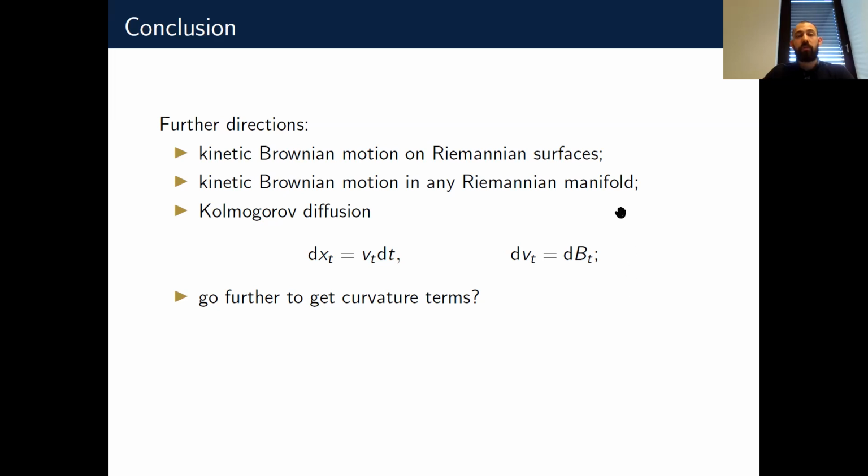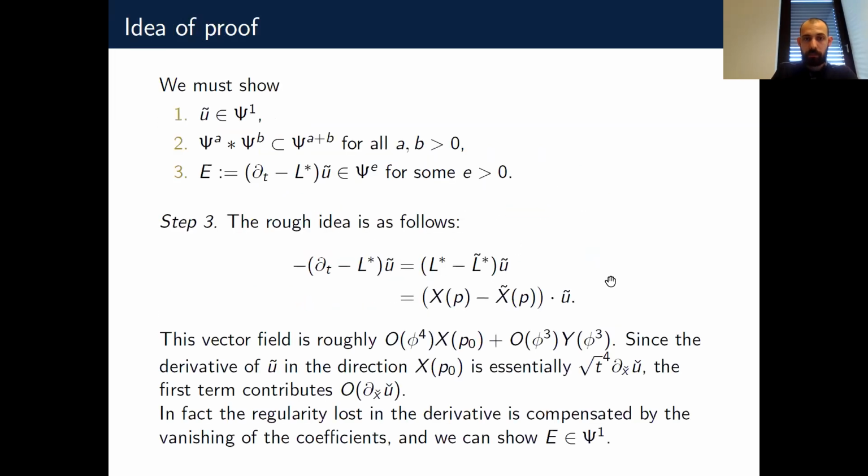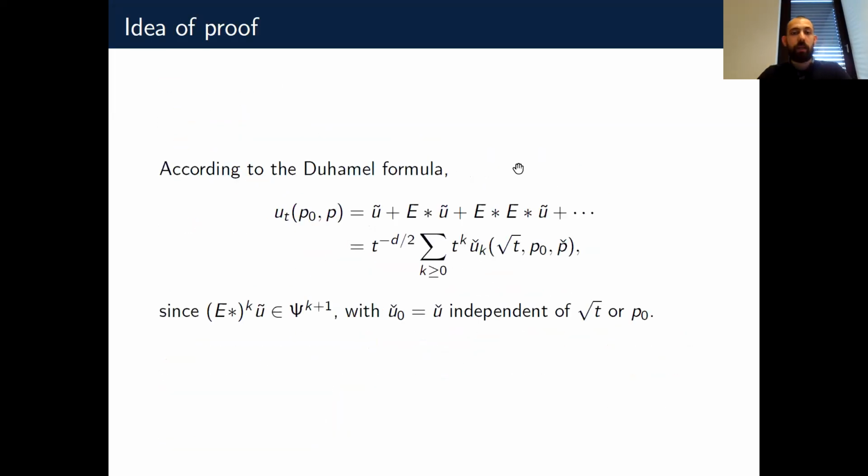Another example would be the Schromoka diffusion. And why do I like this one? It's because, first of all, the equation is a bit simpler. And my hope is that you can actually go one term more. So maybe I should go back a bit. If you go in this expansion, so this one was in psi 1, this one was in psi 1, this one was in psi 1, so this one was in psi 2.